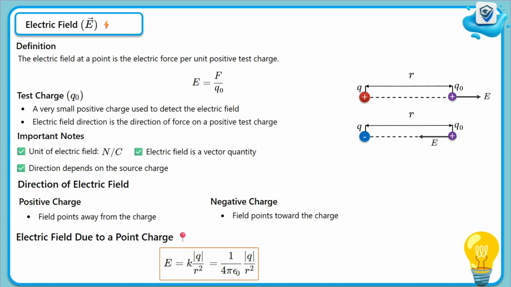And remember that the Coulomb constant K equals 9 times 10 to the power 9 Newton meters squared per Coulomb squared. Also, notice that the electric field becomes weaker as the distance increases. Now let's continue with examples and applications of electric fields.